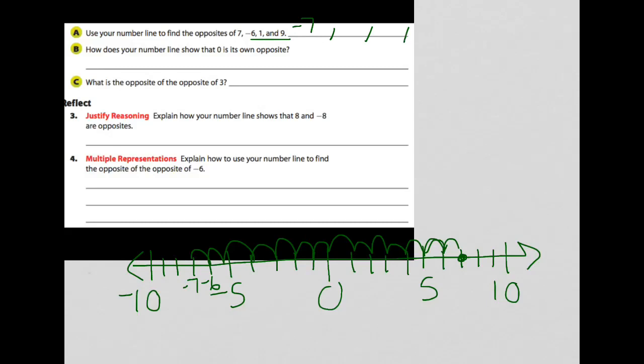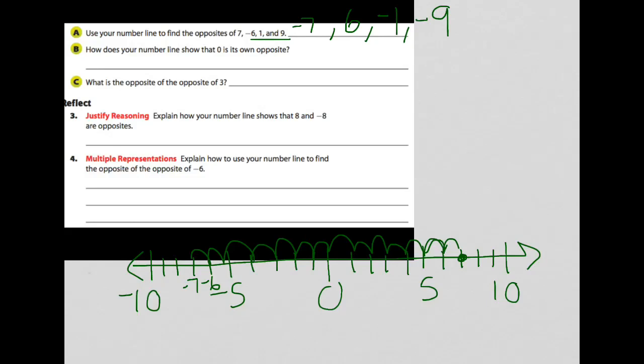Alright, so the opposite of -6 is +6. The opposite of +1 is -1. And the opposite of +9 is -9. Those are my four integers that are opposites of the ones they gave me.